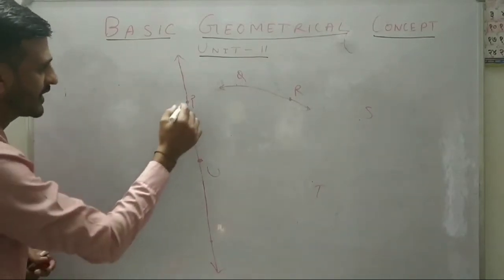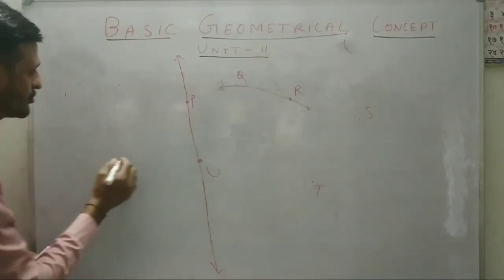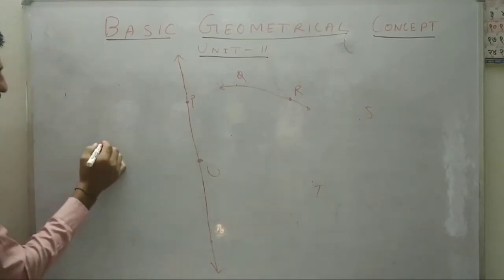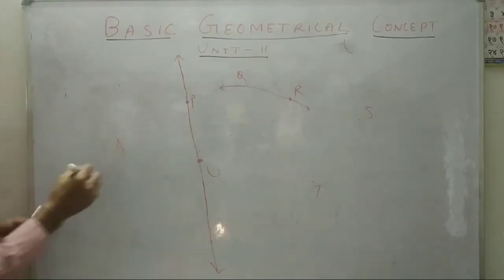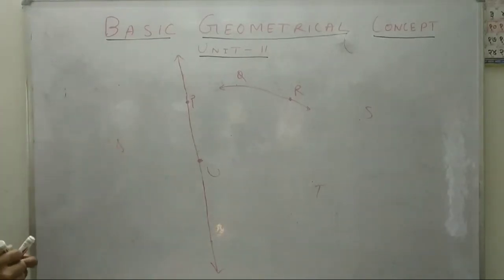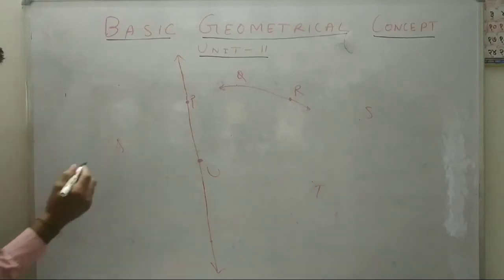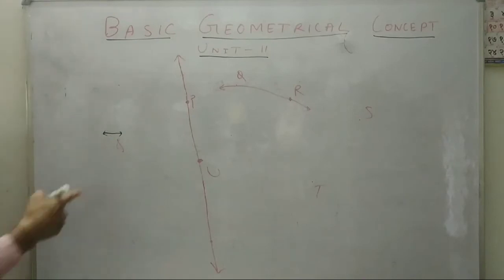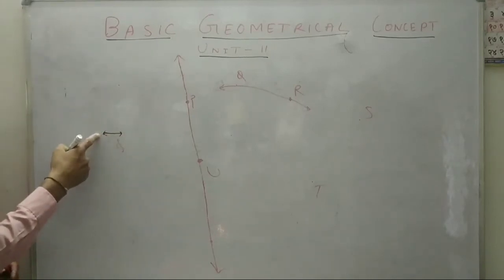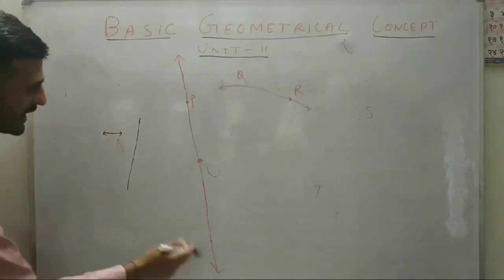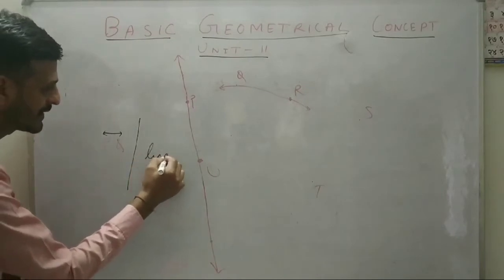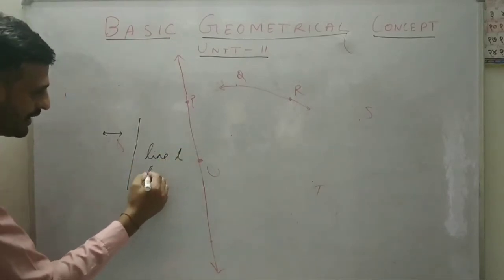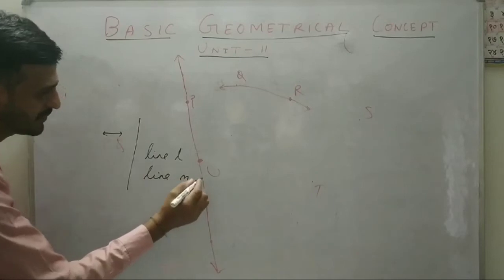Here in this line, the points are P and Q, so we can write it as line PQ. Always remember that the symbol of line PQ is like this, because it can be extended in both directions. Or we can write the line as line L or line M, in this way.